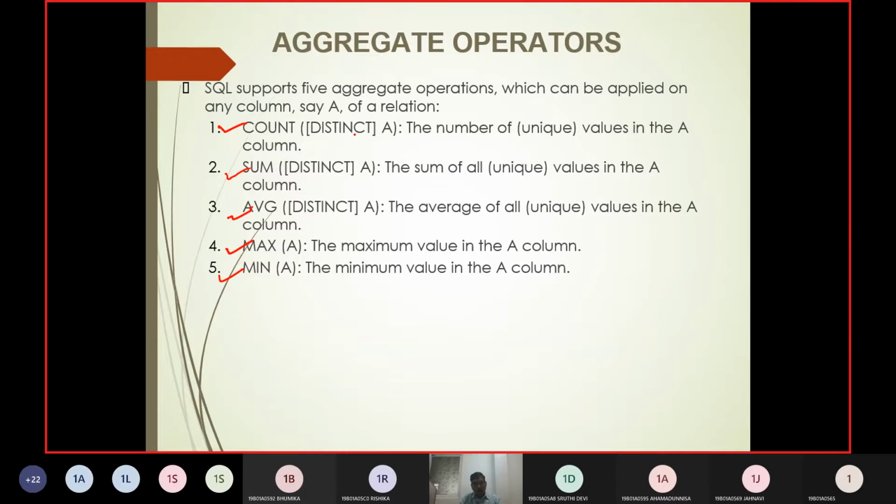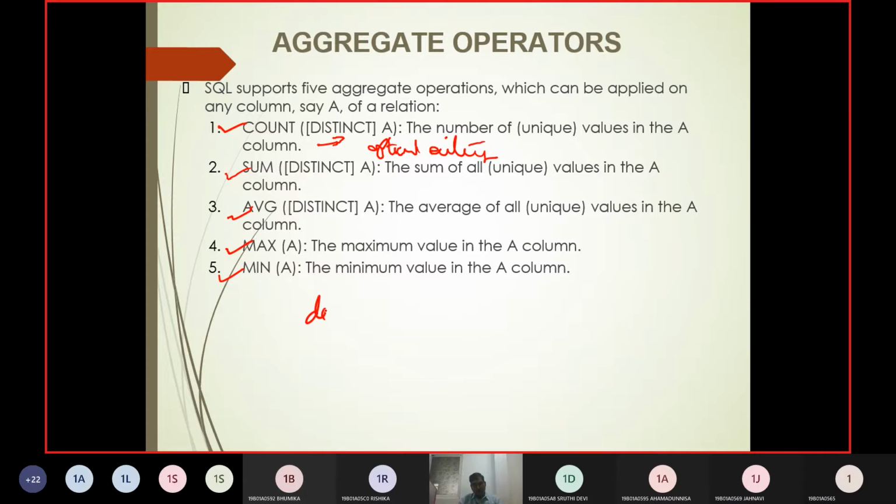So distinct is an optional entity. Distinct is going to be an optional entity here. So why distinct?